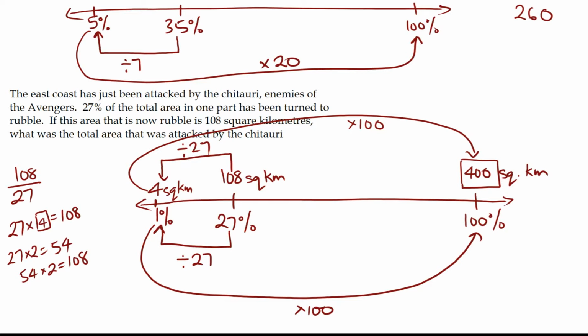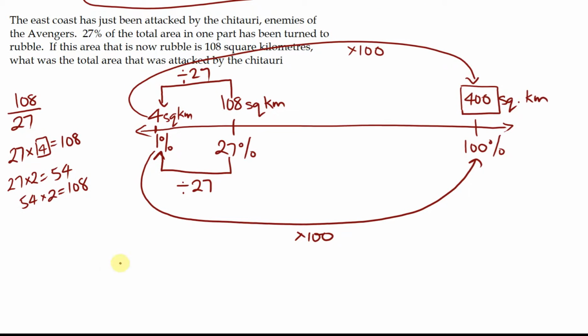With these types of problems, draw a number line and place on the number line the information that you know, and then just try and think about the numbers. When we're using a number line in this way, we are only dividing or multiplying, so no adding or subtracting up and down the number line. However, if, for example, you had the percentage 15%, 15% is made up of 10% plus 5%.